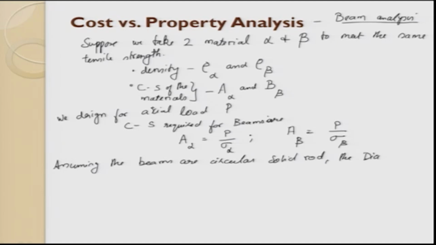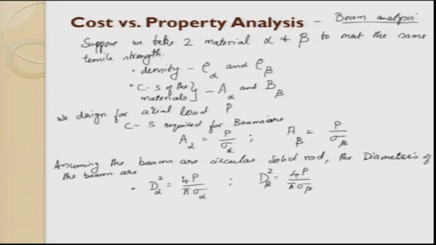The diameters of the beams: d alpha square equals load by area, that is nothing but 4P by pi sigma alpha. Then d beta square equals 4P by pi sigma beta. So here it is for beta material.